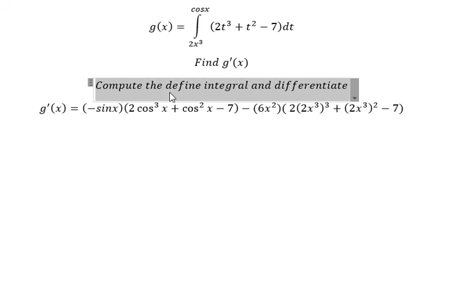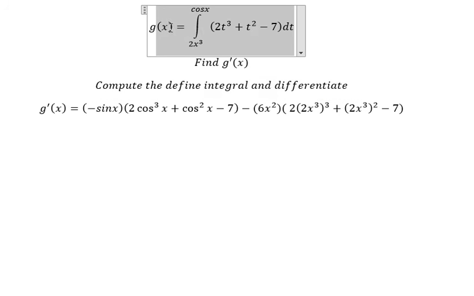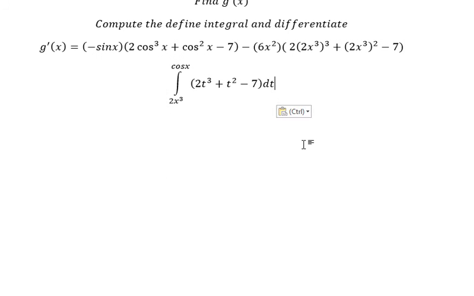Next, we need to compute the integral. Later we need to do differentiation. So in this one, you will get t to the power of 4 over 2 plus t to the power of 3 over 3, and the last one, that's negative 7t.